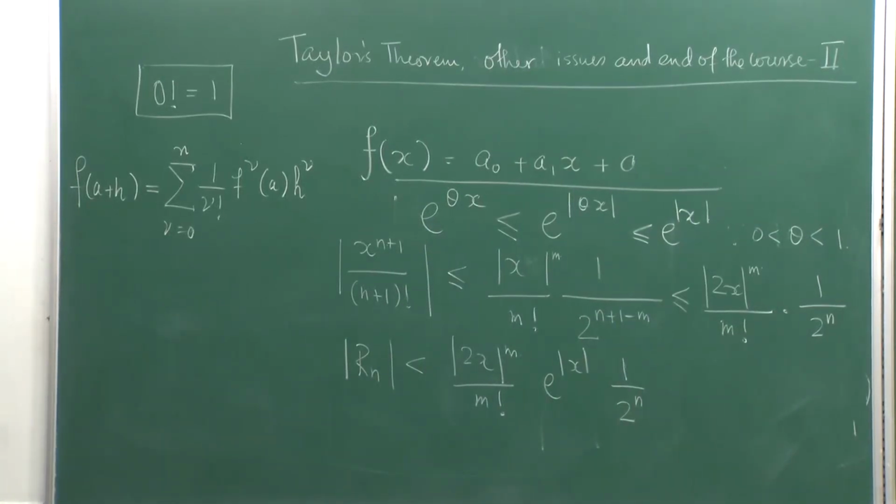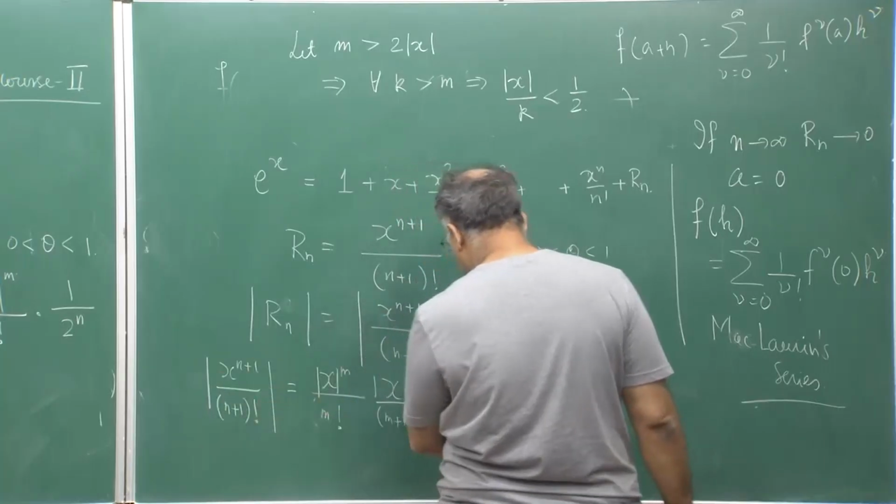Now, you see we have broken up x to the power n plus 1 by n plus 1 factorial into these things.